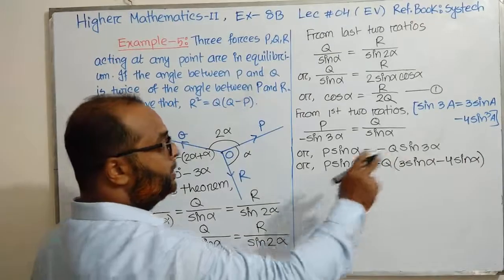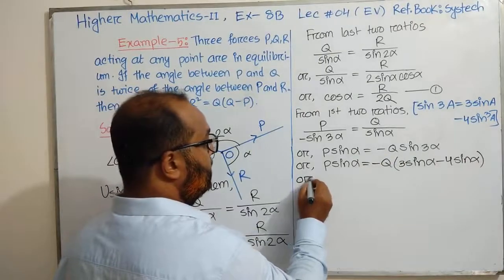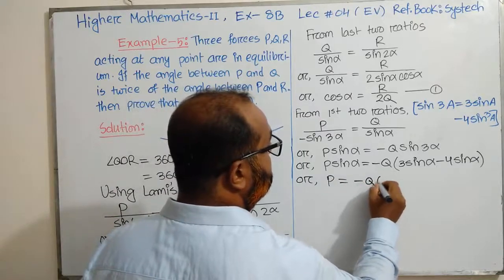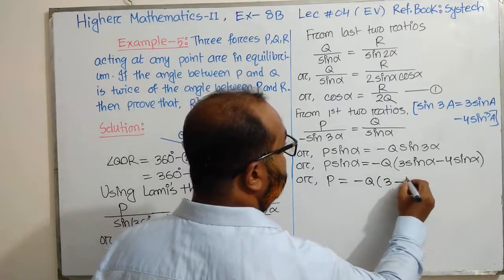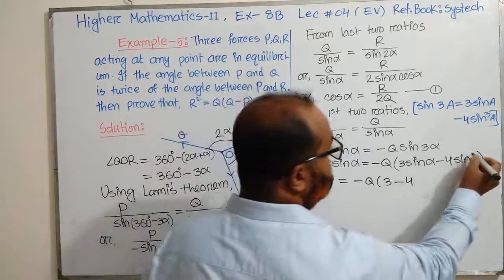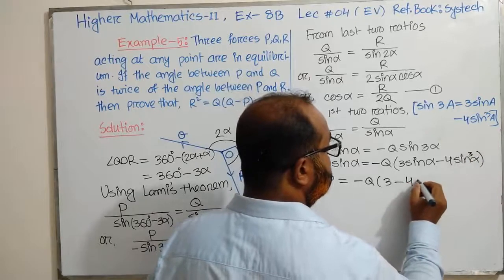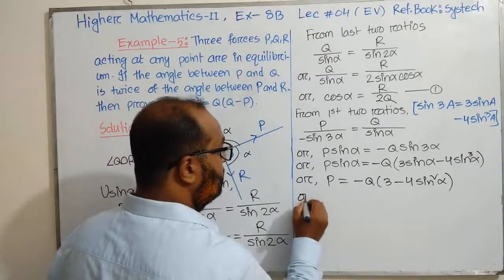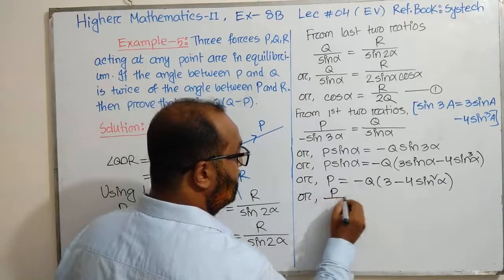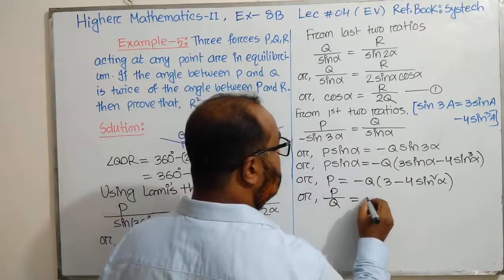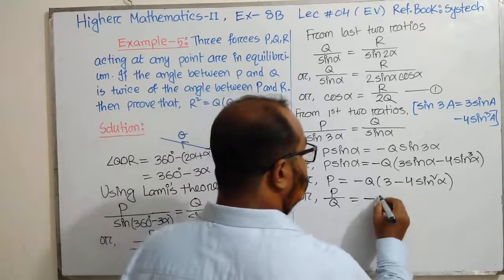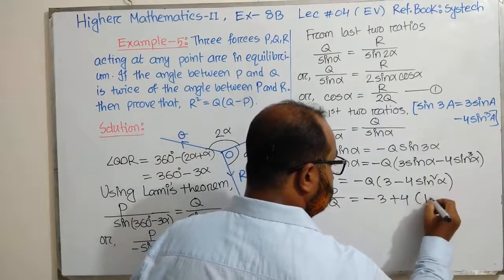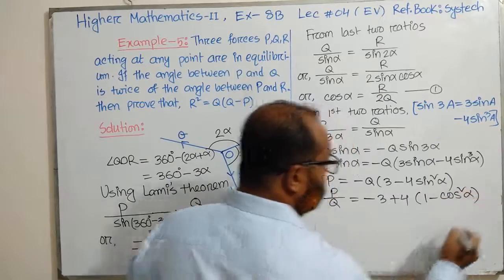If we divide both sides by sine alpha, we can write P equals minus Q into 3 minus 4 sine square alpha. Or if we divide both sides by Q, we can write P by Q equals minus 3 plus 4 sine square alpha, and sine square alpha equals 1 minus cos square alpha.